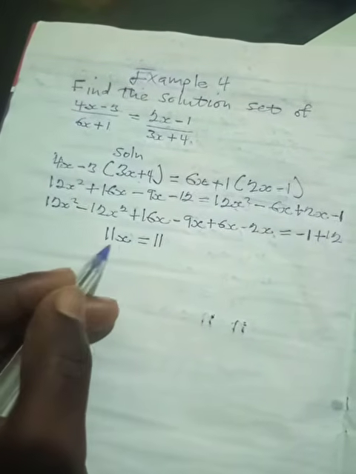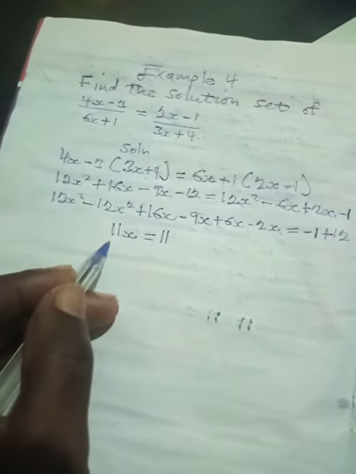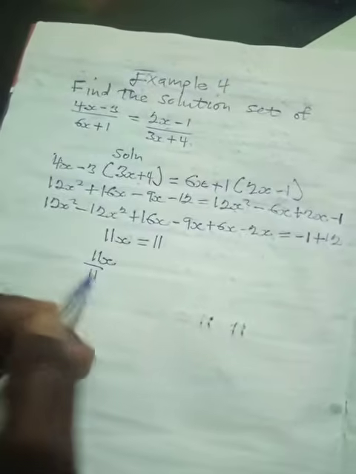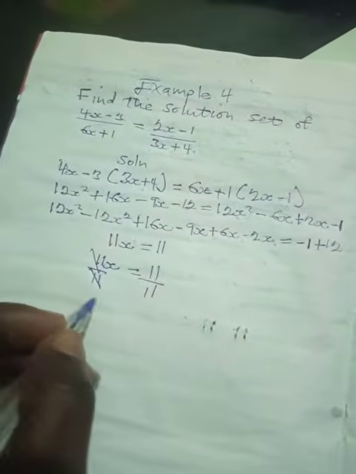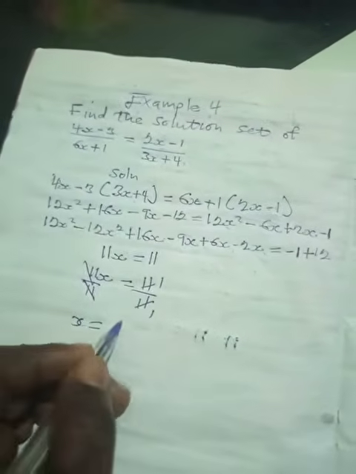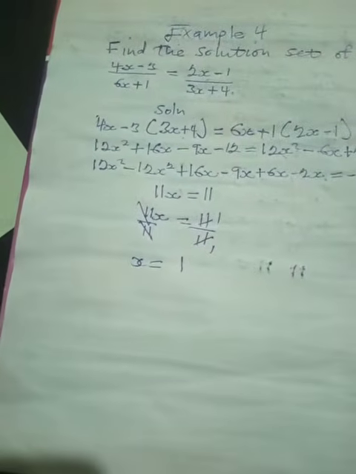Now we are finding x, not 11x, so we divide both sides by the coefficient of x, which is 11. So 11 will cancel 11, and x is equal to 1.